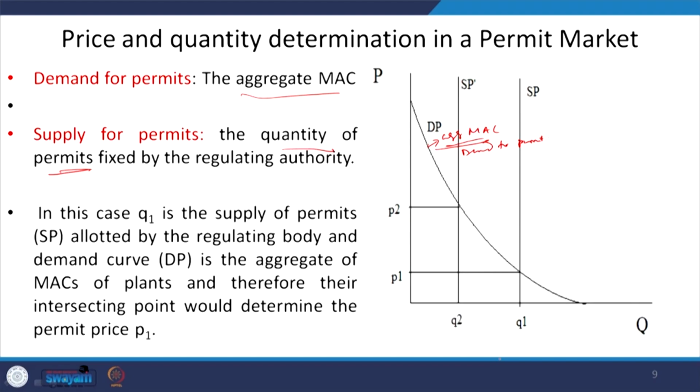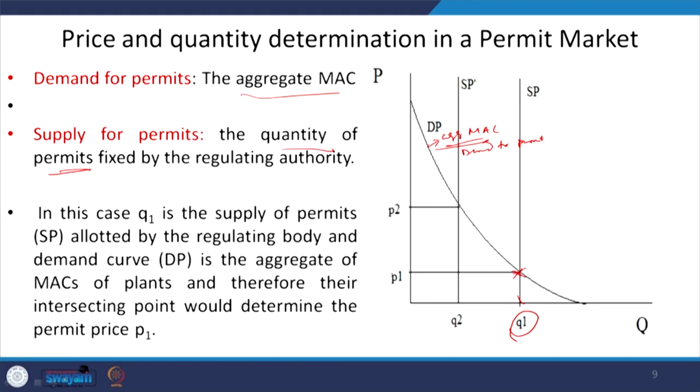In this case, the intersection point of the demand for permits and the supply of permits is here. So, the equilibrium quantity is Q1, okay, and the equilibrium price is P1.